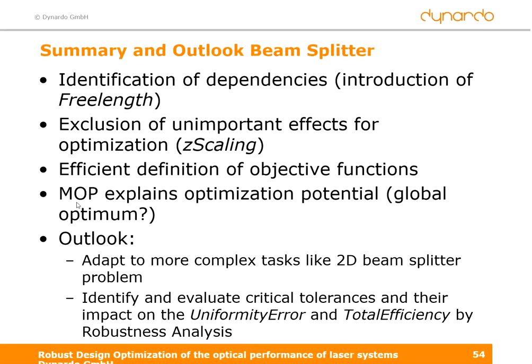And our Metamodel of optimal prognosis explains the optimization potential for the question if we really catch the global optimum. As an outlook, you might imagine that we can adapt this problem to more complex tasks, like a 2D beam splitter, and also to identify and evaluate the critical input tolerances to do a robustness analysis.